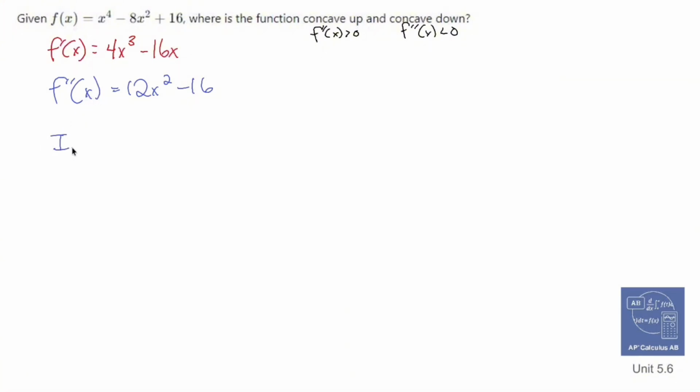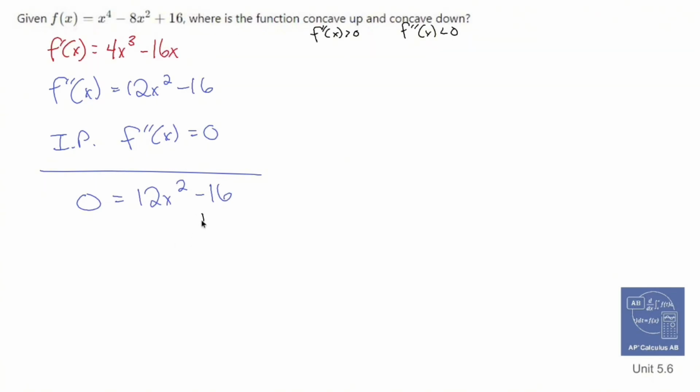So inflection points. Inflection points exist when f double prime of x is equal to 0. So that happens when 12x squared minus 16 equals 0. So let's add 16 to both sides, and you get 16 equals 12x squared.